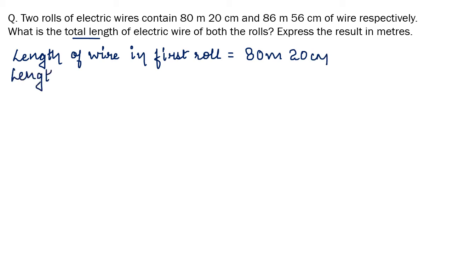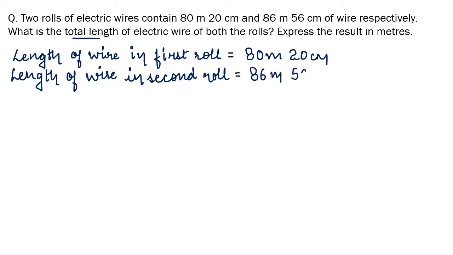Then length of wire in second roll, it is 86 meter, 56 centimeter. We have to find the total length of wire.